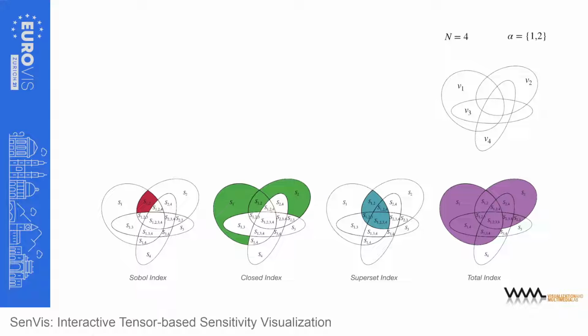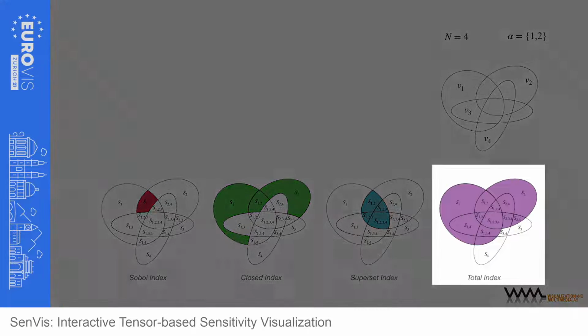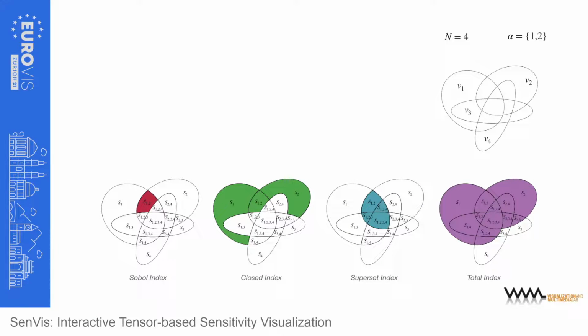Different types of indices give us more information about the sensitivity of the whole input variable space. For example, total indices tell us the sensitivity of not only the variable tuple itself, but also all the interactions with other variables. Thus, it is often used as the indicator for unimportant variables.